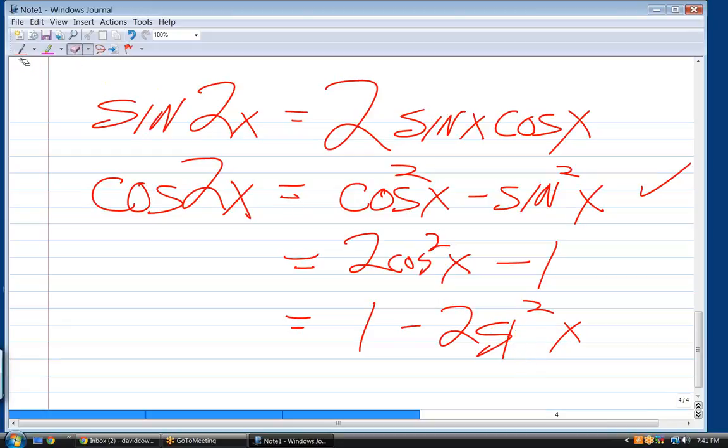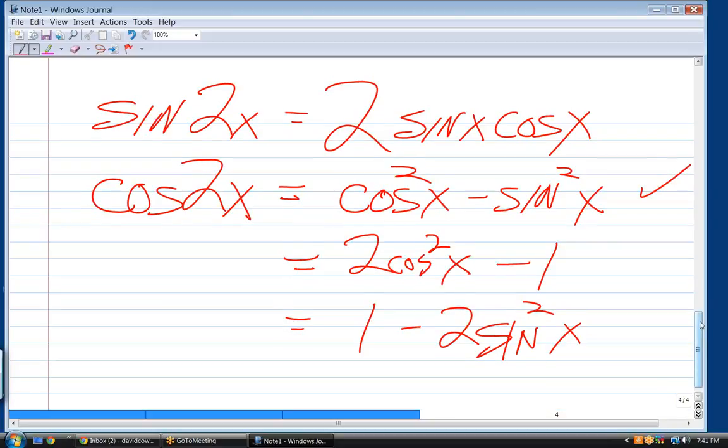Maybe that's a good way to memorize it. Is there a double thing for the tangent? There is, but let's talk about which one of these three we use, because that's going to be the harder question. Okay. It depends on the application.